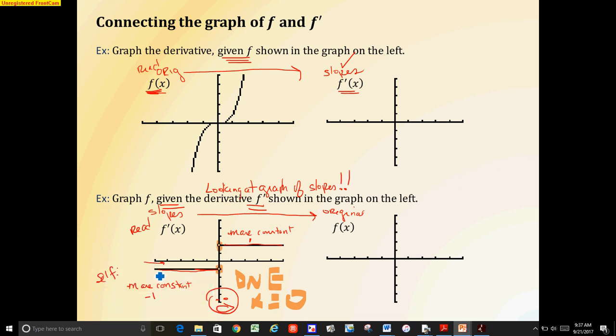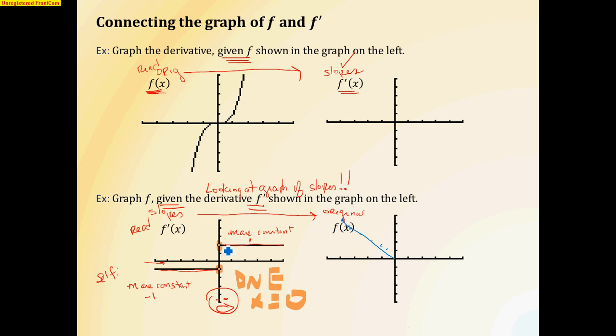So, starting here at the left of the domain, can you plot a slope of -1? I think you can. As x goes through the domain, the slope is constantly -1 until you hit x equals 0. Then at x equals 0, immediately, what does the slope jump to? 1 and 1.